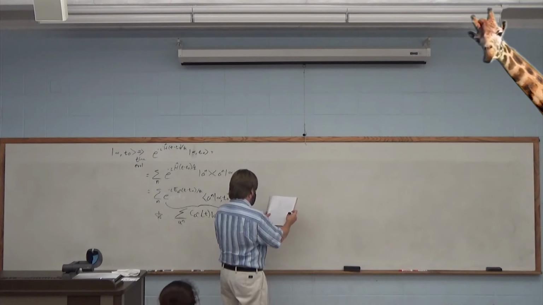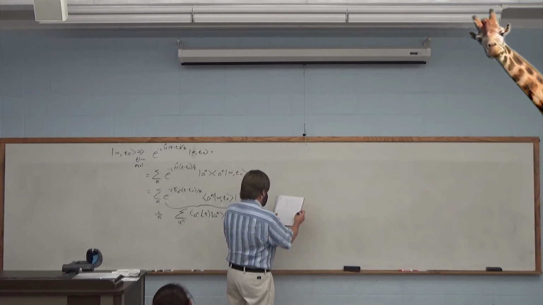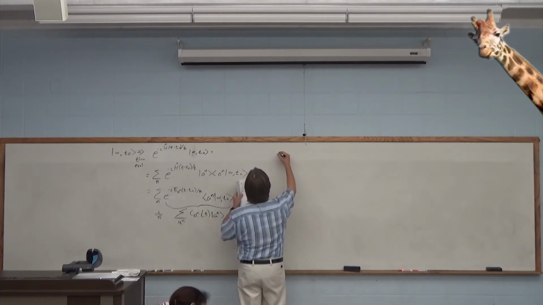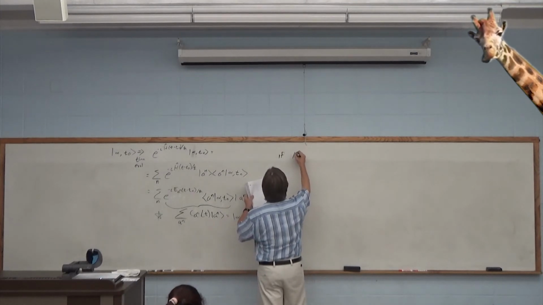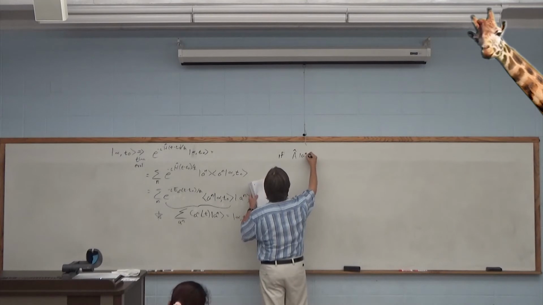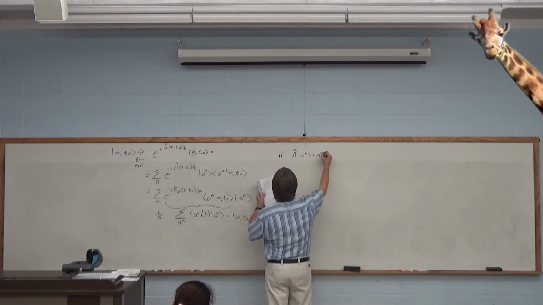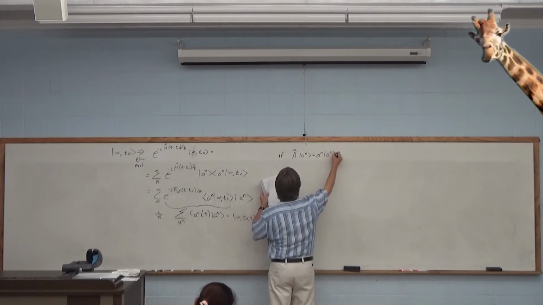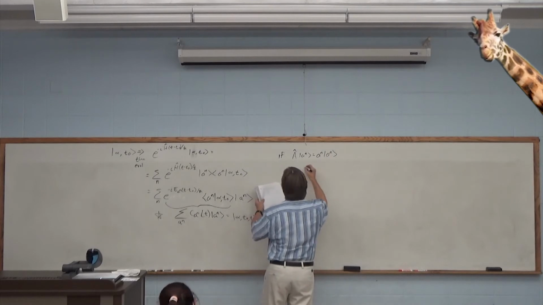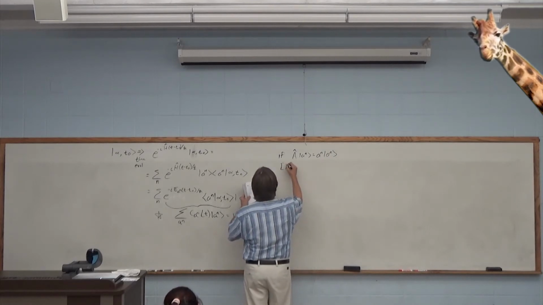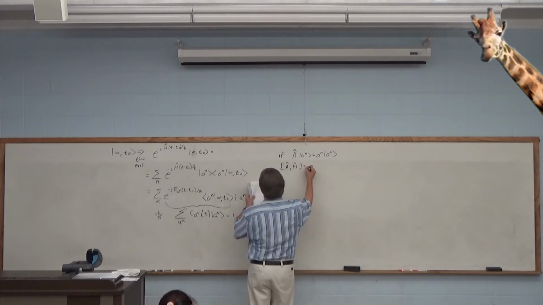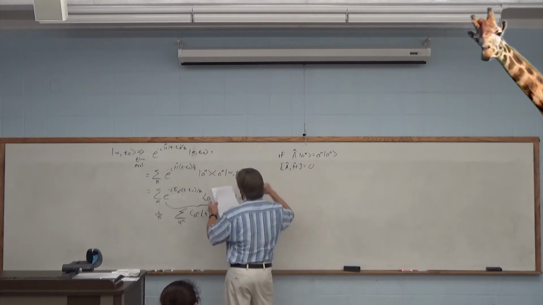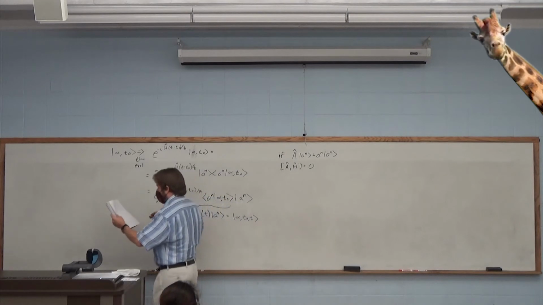Now again, I'll be more careful about my notation. Now we assume that A and H commute. So, as you can imagine, that might be important.